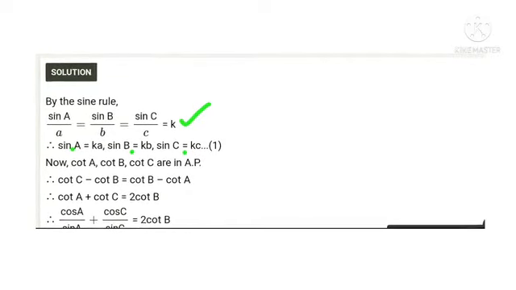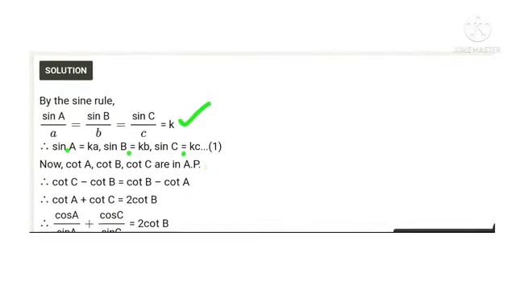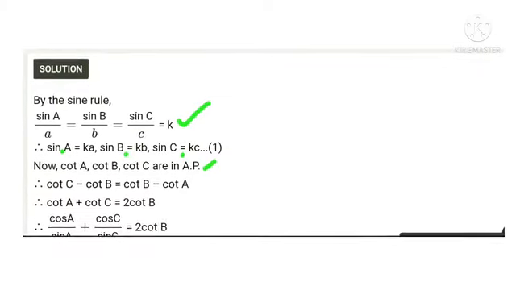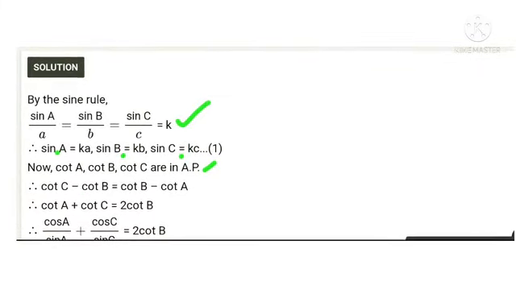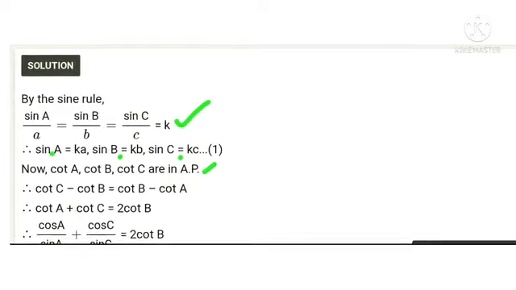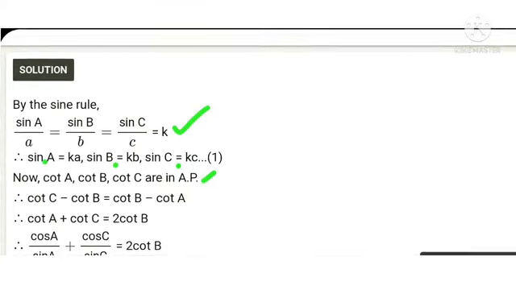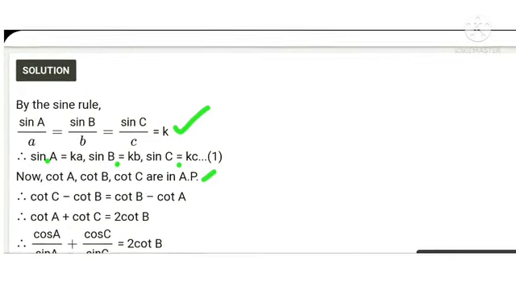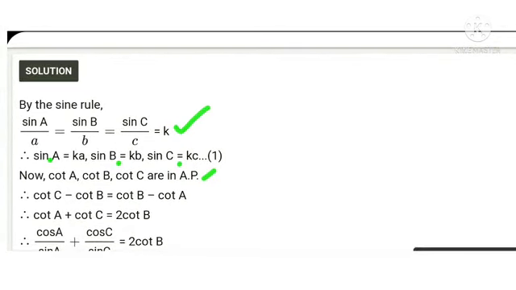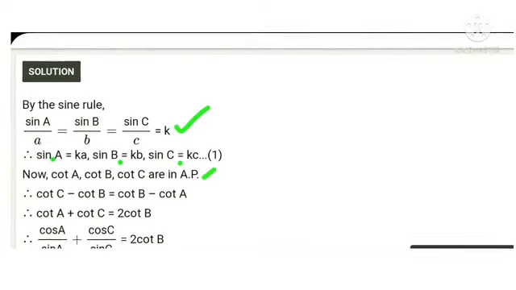Now we had given that cot A, cot B and cot C are in AP. So you write cot C minus cot B is equal to cot B minus cot A. From this you write cot A plus cot C is equal to 2 cot B. Okay.